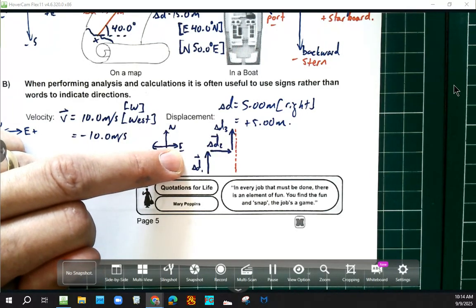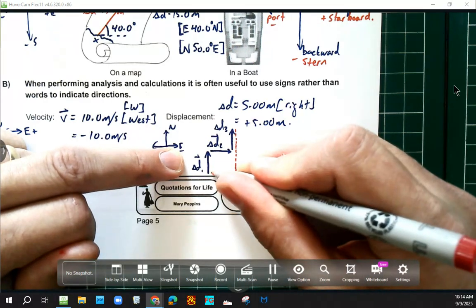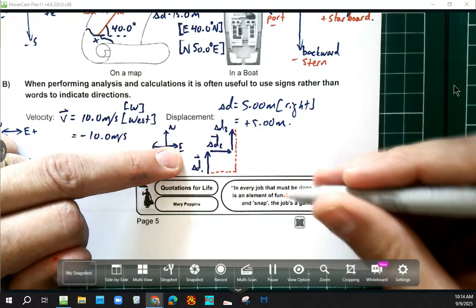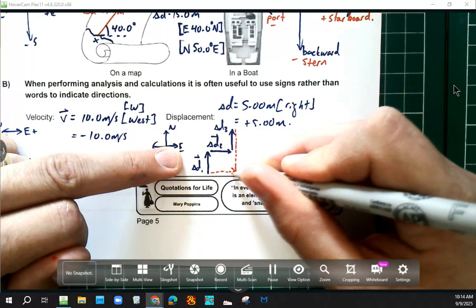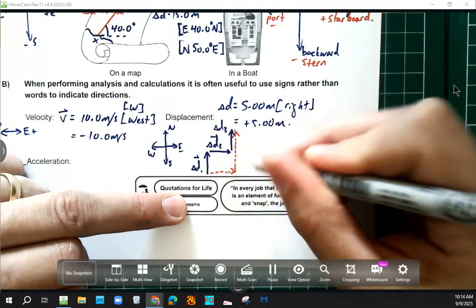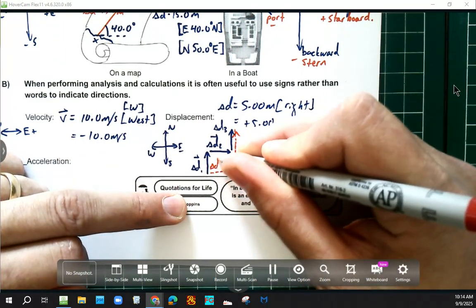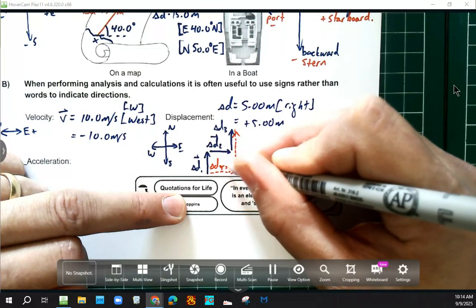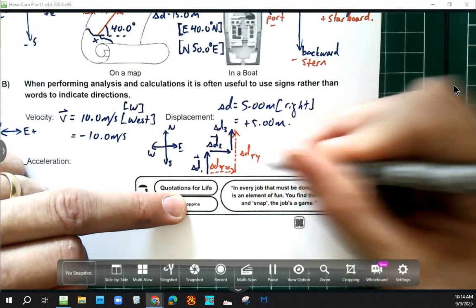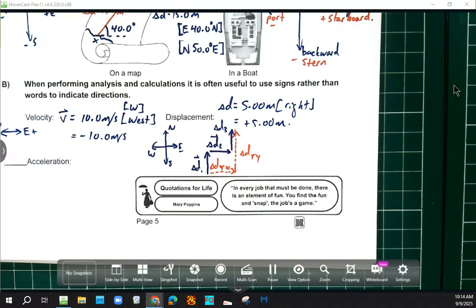And the only amount we traveled east was the equivalent of D2. So I could put little arrows on here, and what we really have is delta D total in the x direction and delta D total, T for total, in the y direction. Cool?